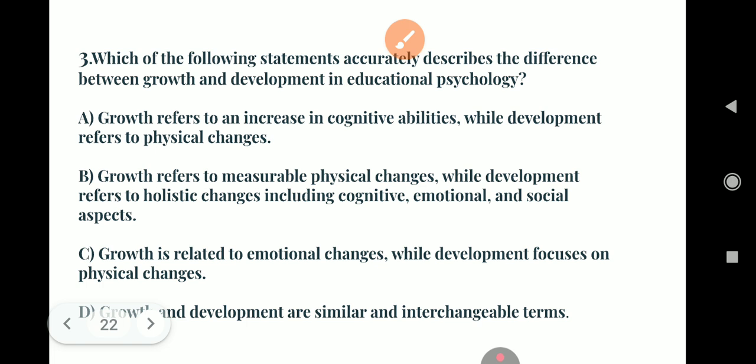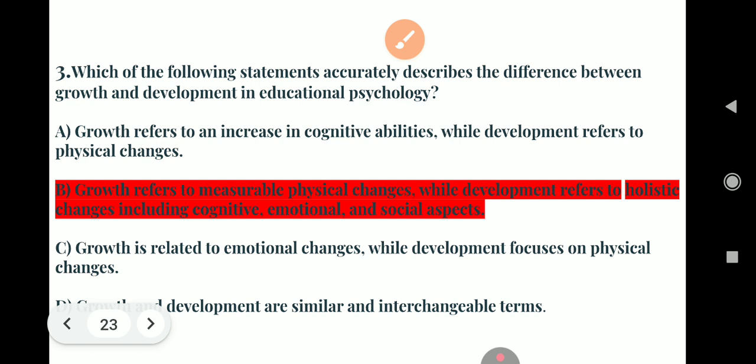What is the question here? You have to find out which statement accurately describes the difference between growth and development in terms of educational psychology. So what could be the answer? Yes, growth refers to measurable physical changes, while development refers to holistic changes including cognitive, emotional, and social aspects.